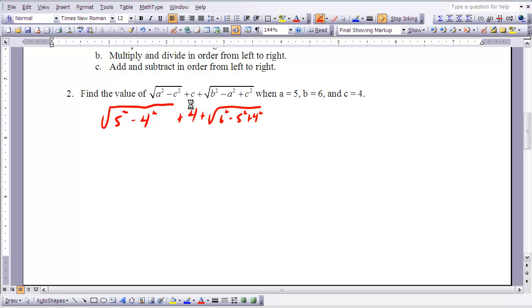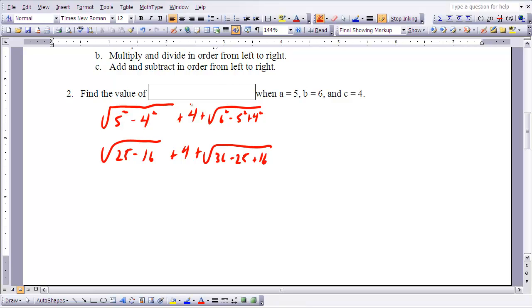Now we need to simplify the stuff underneath the radical, and to do that, I have the square root of 25 minus 16 plus 4 plus the square root of 36 minus 25 plus 16.